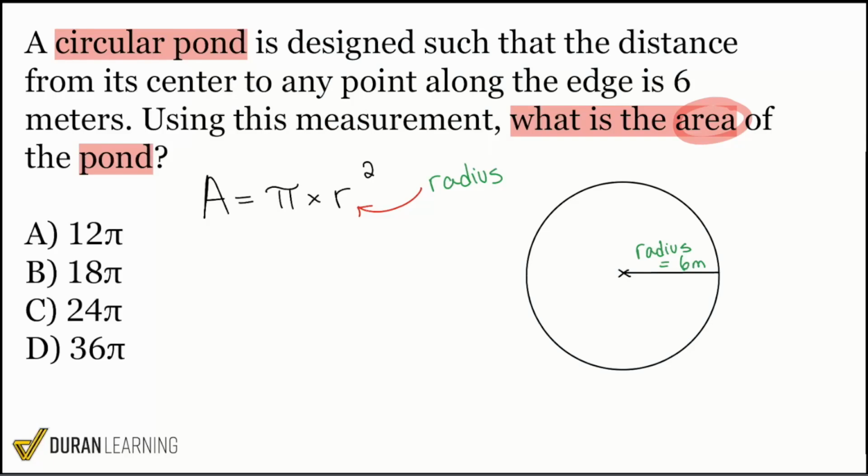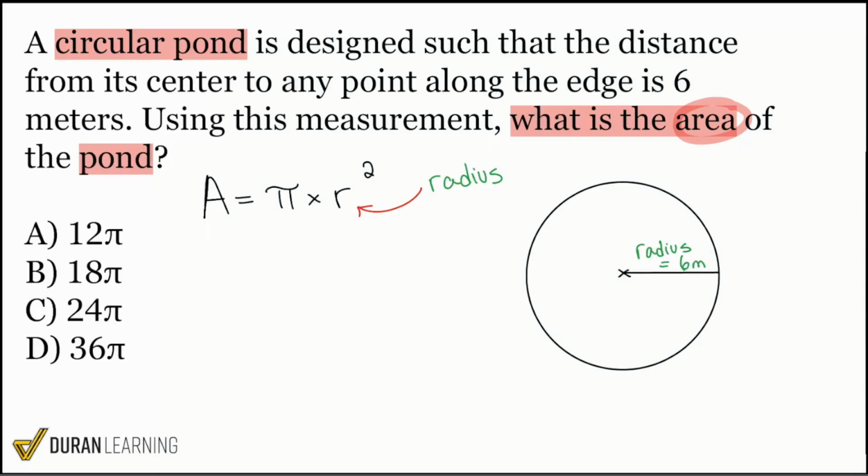Remember, everybody, the area formula for a circle must use the radius. Everybody, which formula is it that can take either the radius or diameter? Which formula is it? Yeah, the formula that uses either radius or diameter is going to be circumference.